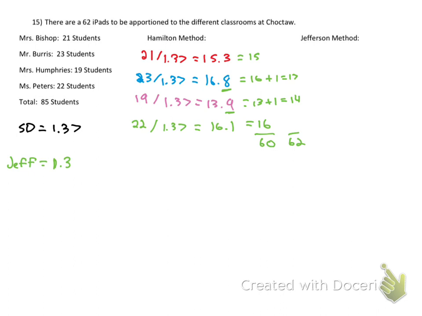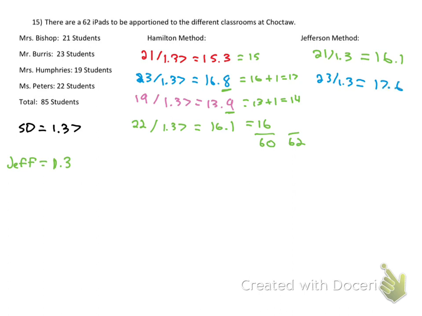So this time, Miss Bishop, 21 divided by 1.3, 16.1. Burris, 23 divided by 1.3 gives me 17.6.